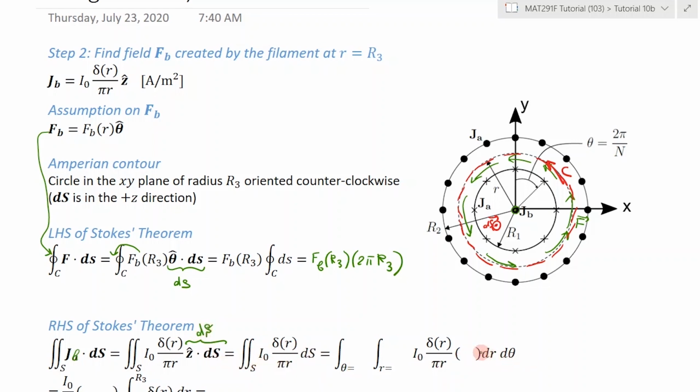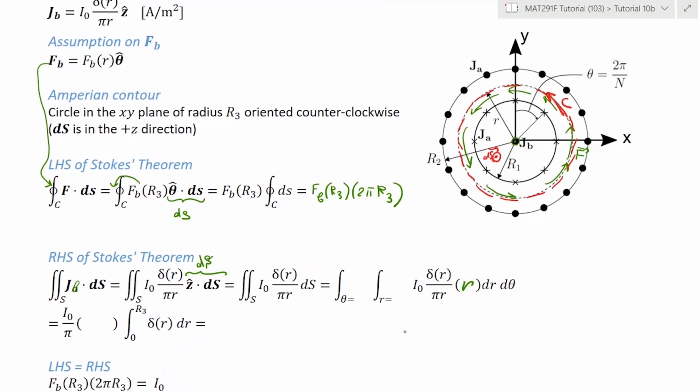Next, I'm integrating over dr and d theta. We do need the Jacobian in this case. It's equal to r. Theta bounds are from 0 to 2 pi because it's a full circle. And r bounds are from 0 to r3. Next, we take this I0 and take it out of the integral. Same thing for pi. The r's cancel. For the theta integration, we have 2 pi.